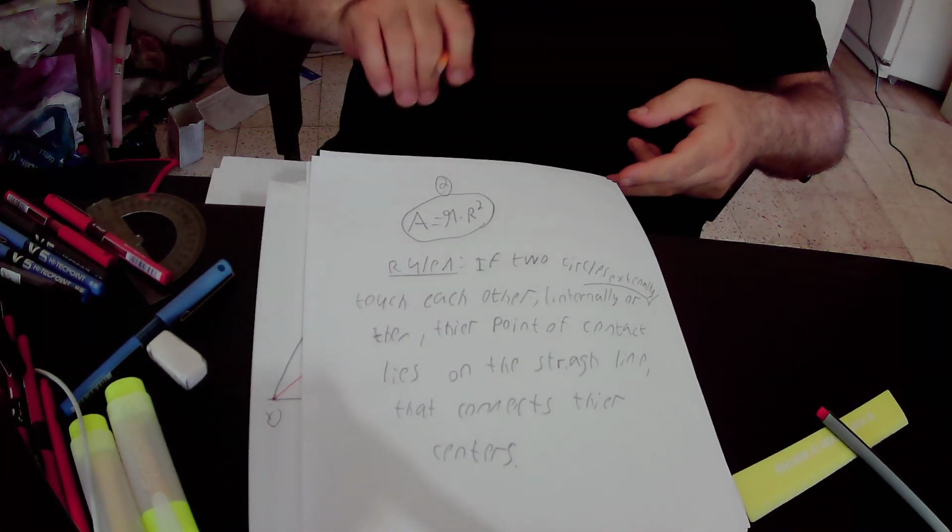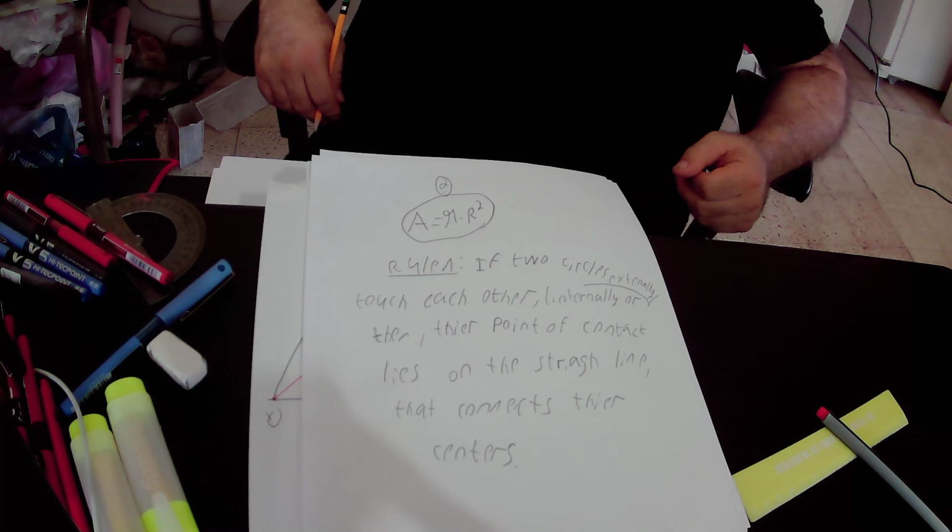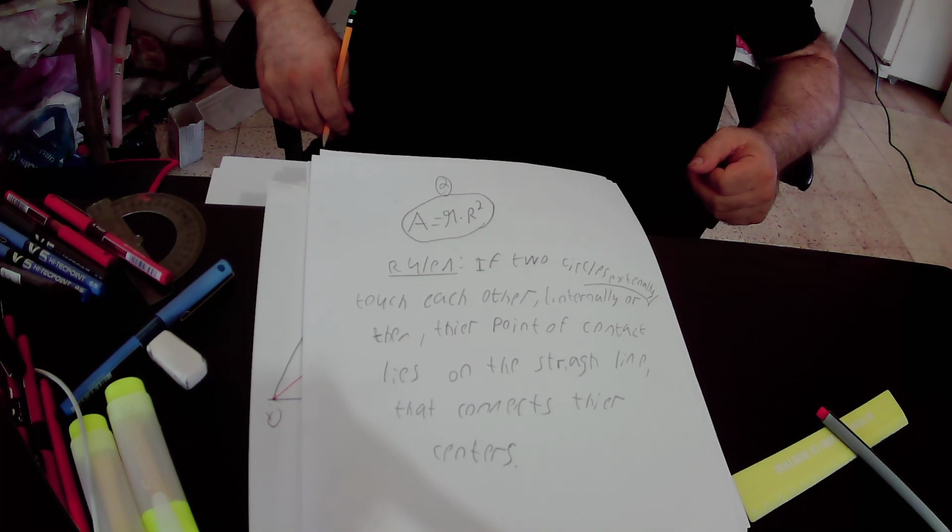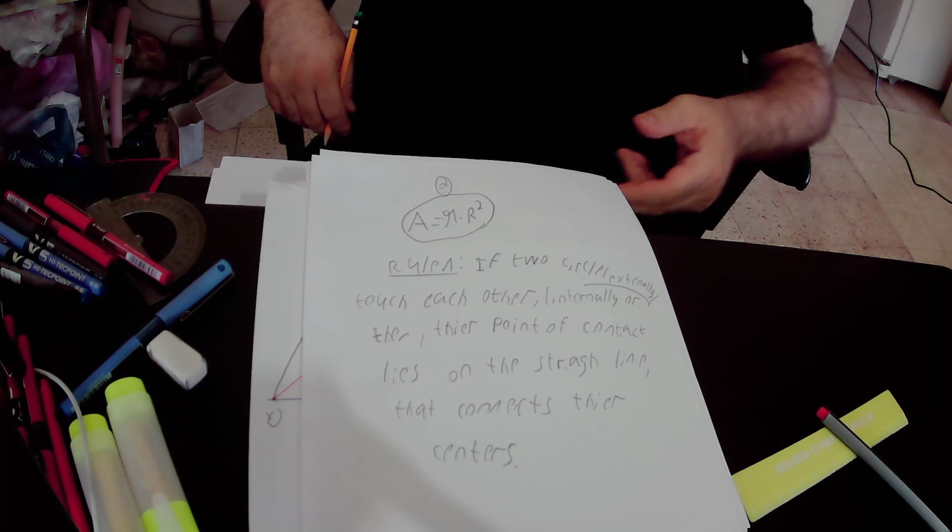if two circles touch each other internally or externally, then their point of contact lies on the straight line that connects their centers.